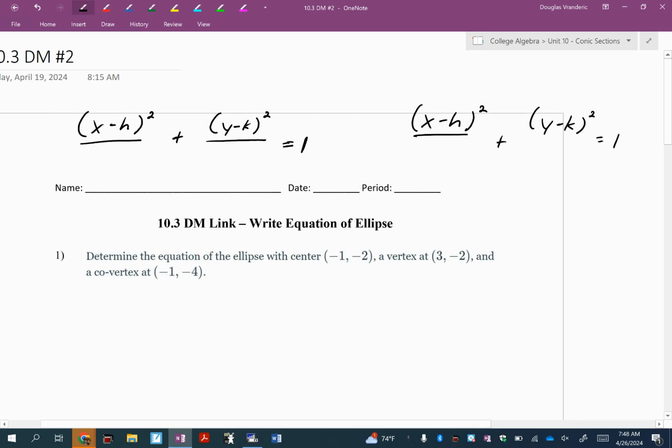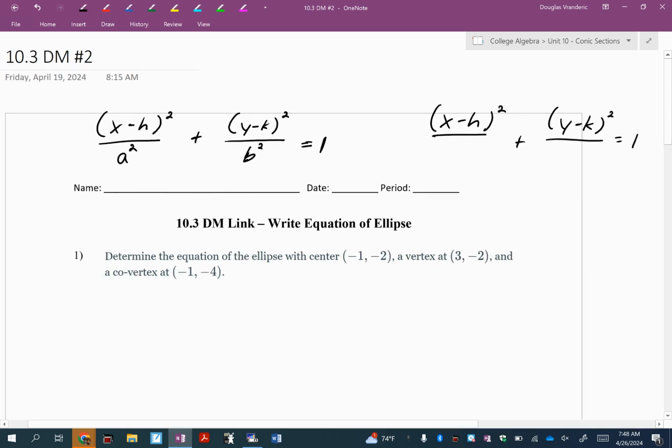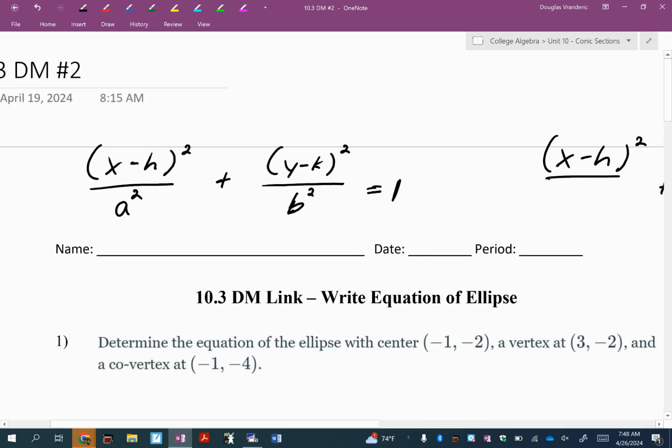If I put a squared underneath the x and b squared underneath the y, do you remember what type of ellipse this would be? If I put the a squared underneath the x, it'd be horizontal. So you're going to see, Layla and Natalia, that a squared is always the bigger number.